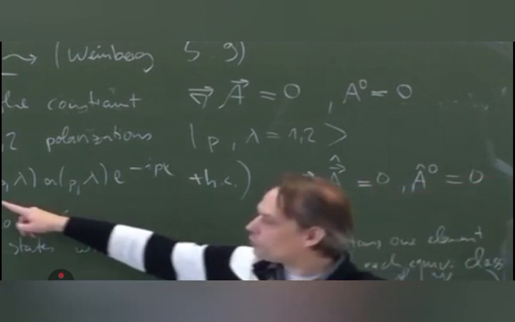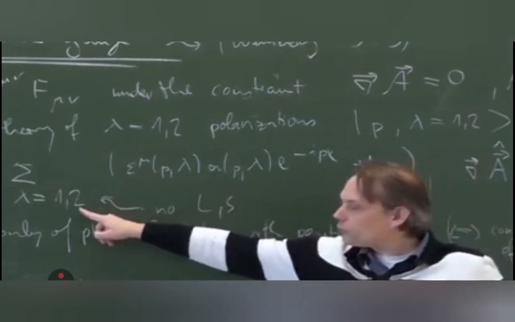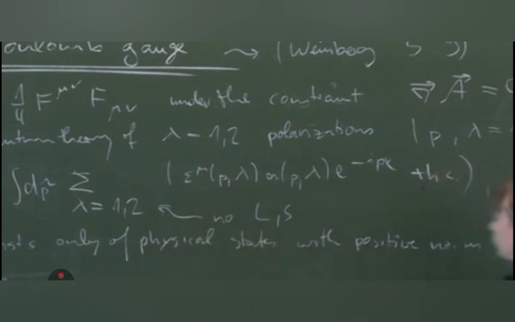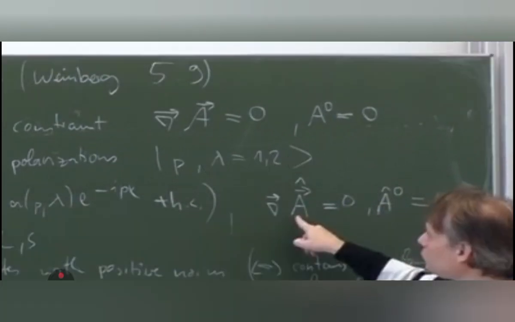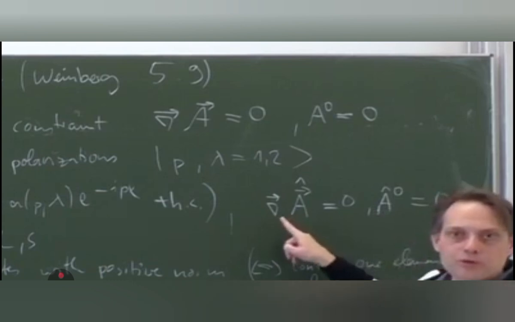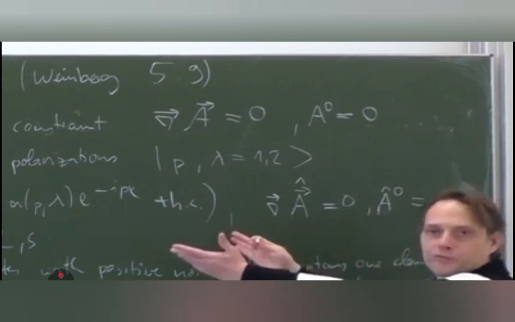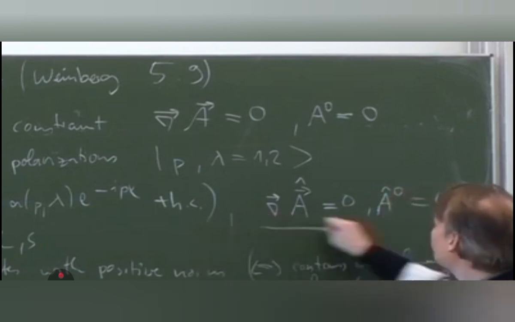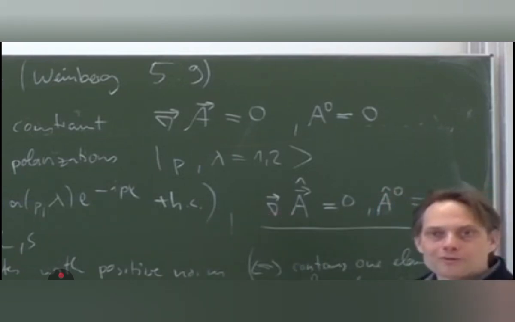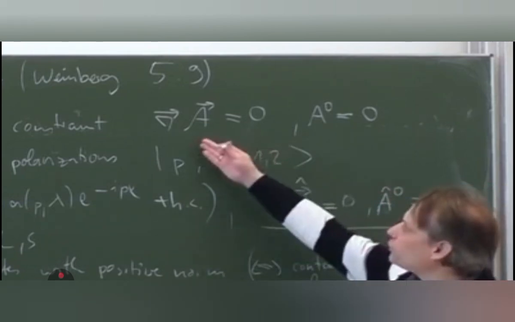It also satisfies A0 equals 0 on the operator level, and both are manifest in our choice for the epsilons, because now only the epsilon 1,2 appears, and the epsilon 1,2 had a 0 in the 0 component, and it was orthogonal to the spatial P. Therefore, both conditions are manifestly implemented in this choice of the field operator. So in that sense, it is a nice object. It completely fulfills our gauge conditions.